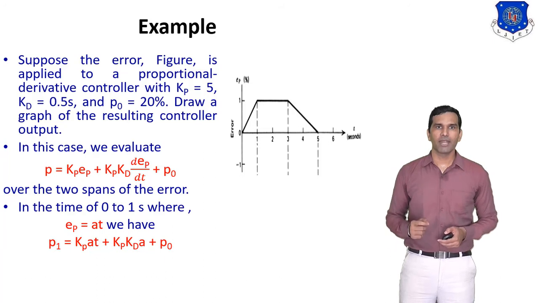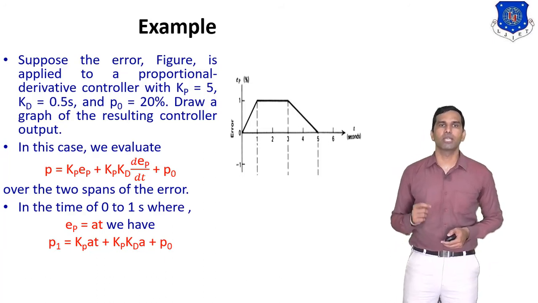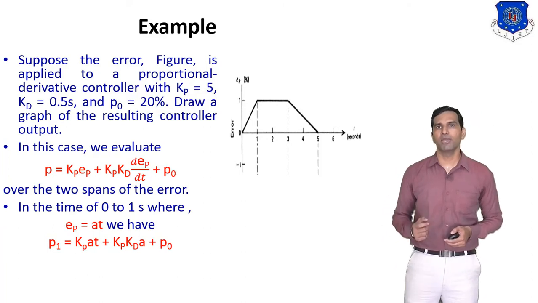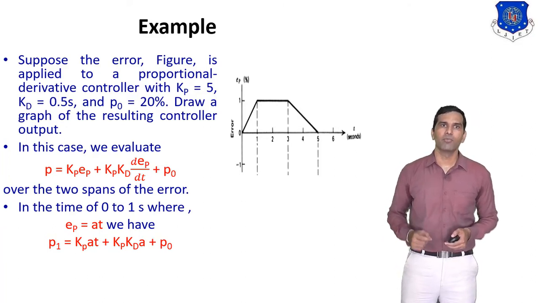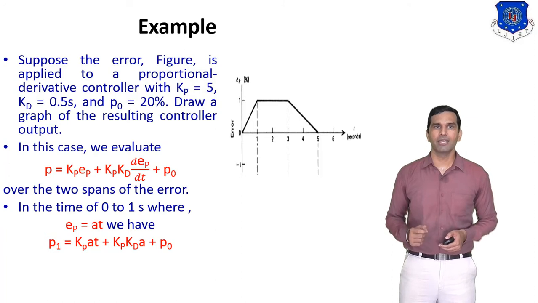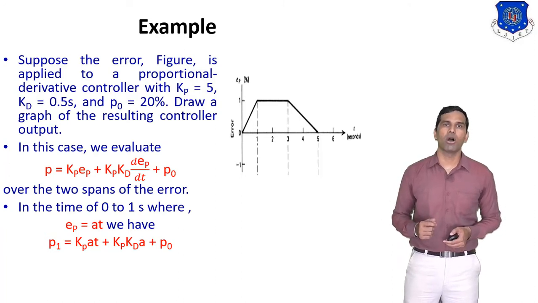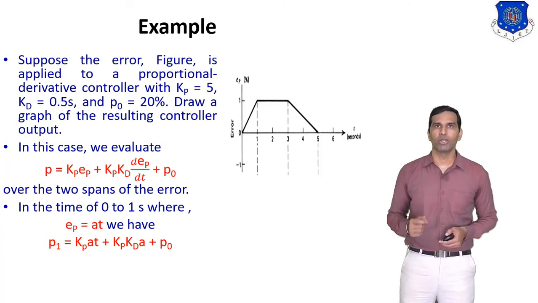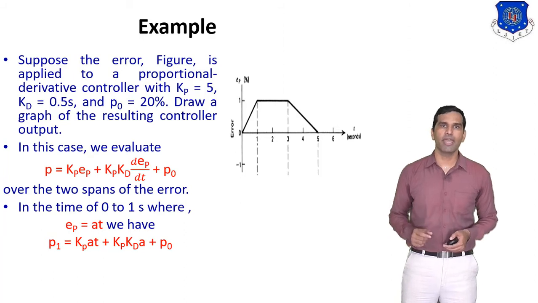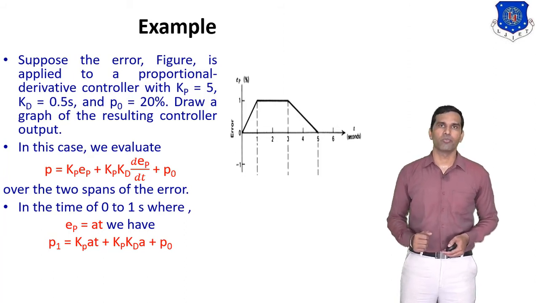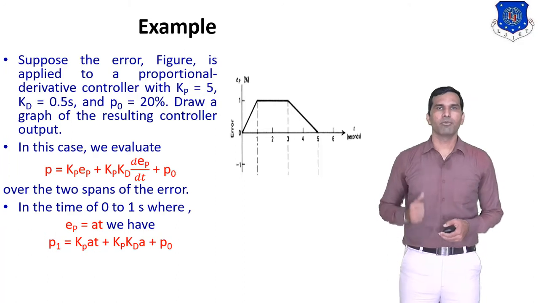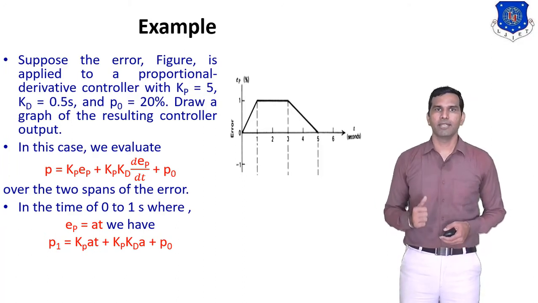So we can write the equation as P1 equals Kp times At plus Kp Kd times the derivative of Ep, which is A, plus P0.